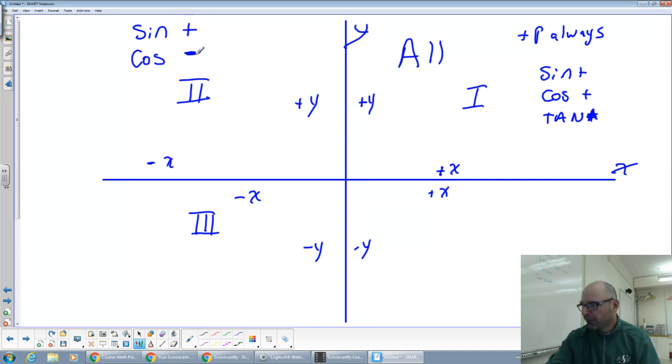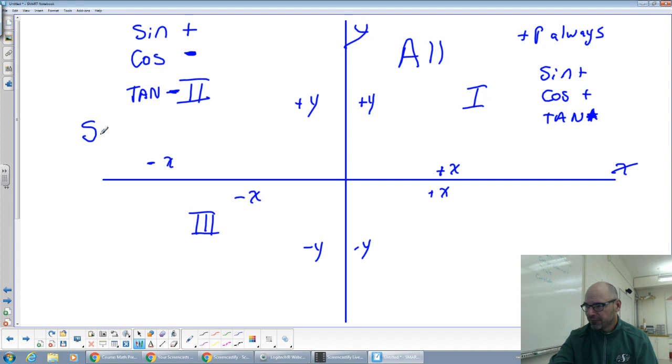Negative over positive. And then the last one, tangent, is y over x, so y is positive over a negative x, so this is negative.